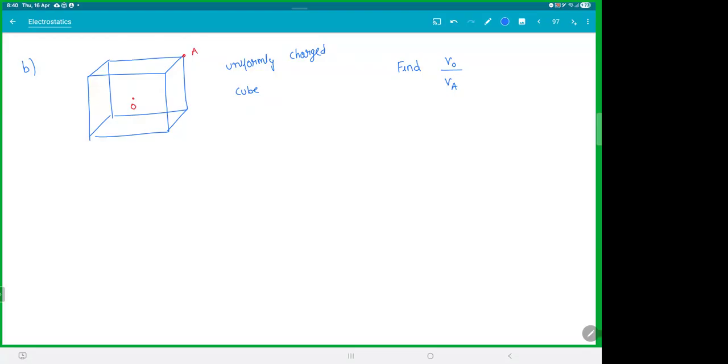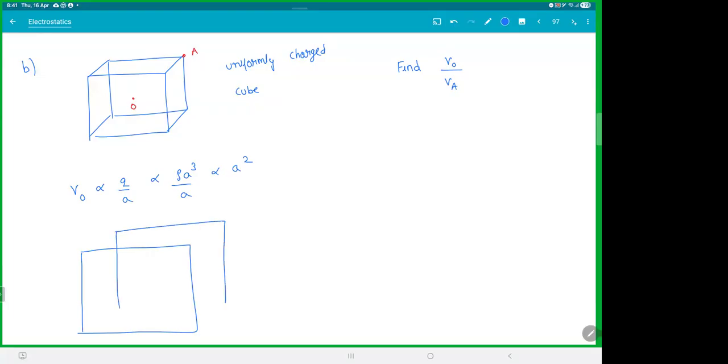Let's see. Again, what is the story there? Same thing. So the potential at the center of the small cube, V naught, is proportional to Q by a. Q is nothing but rho into a cube, so this is proportional to a square. Now, if you take a big cube, the point becomes the center of the big cube.